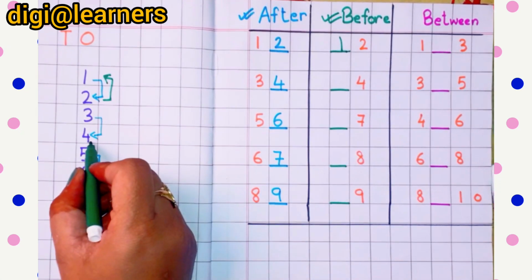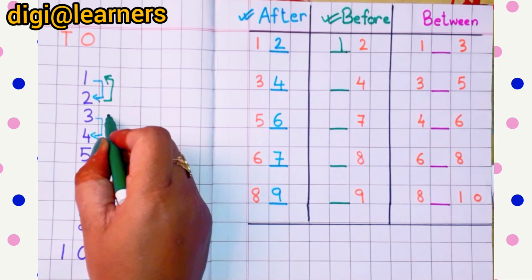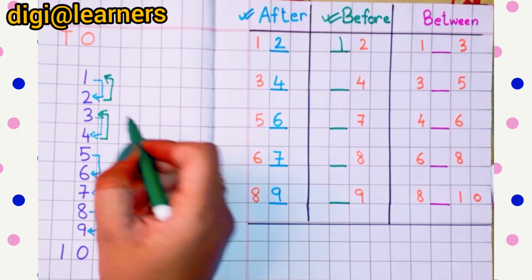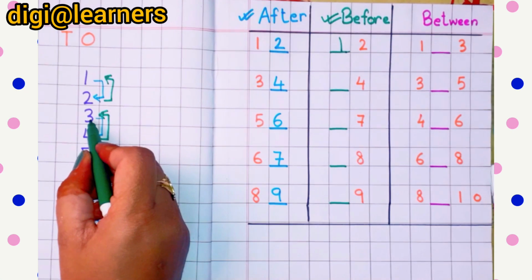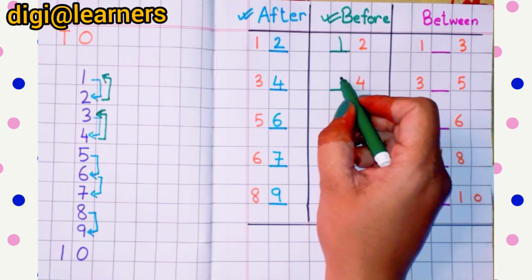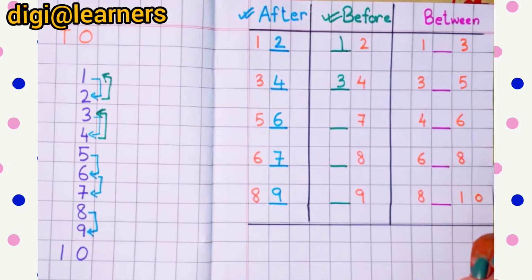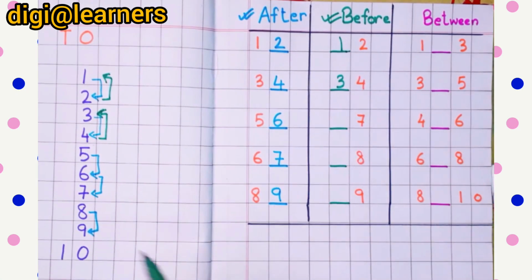Number 4 is here. So what will you write before 4? Upon 4, what are you writing? You are writing 3. So what will be the answer here? 3.